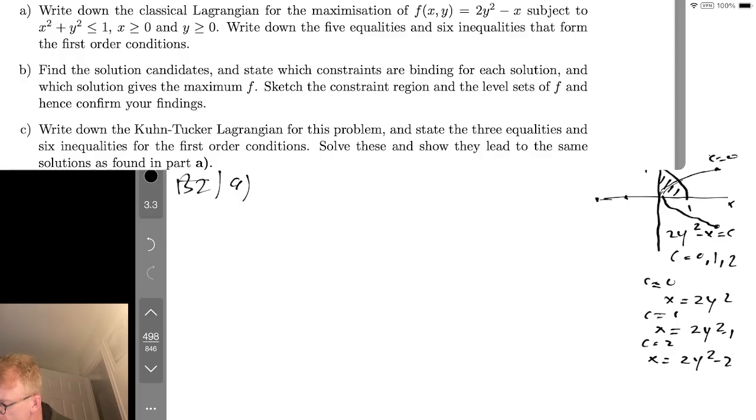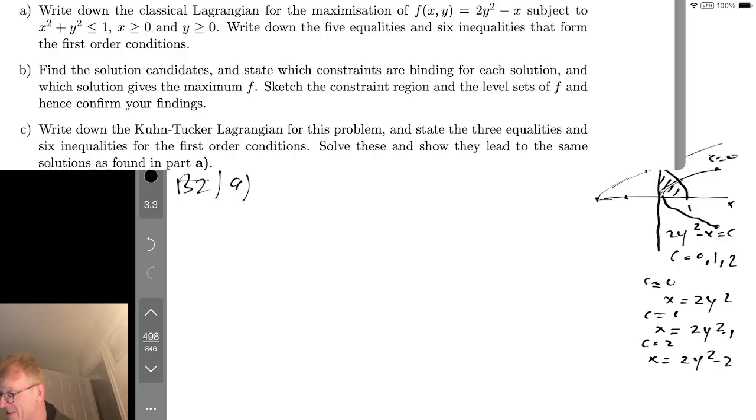Larger. Let's see, is that right? Y is 0 gives x is minus 2. Y is 1 gives us x is 0. So then we're here. Is it that tight? I'm not surprised about that.